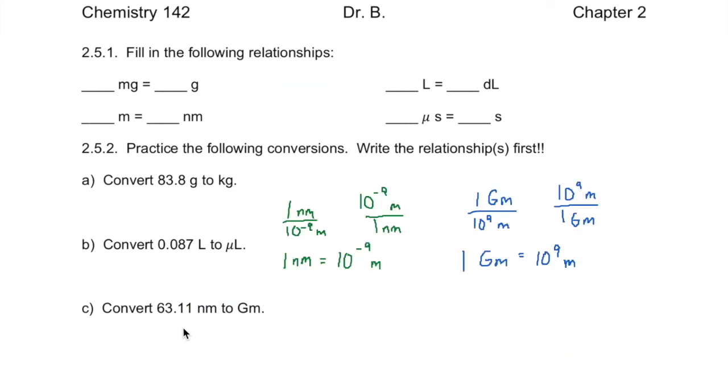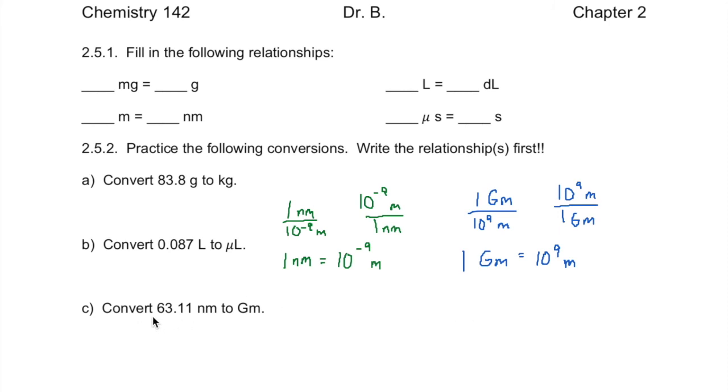This last one is going to need 2 steps, unless you know how many nanometers are in a gigameter. Most students know 1 nanometer is 10 to the minus 9 meters, and here are the 2 conversion factors that come from that relationship. And 1 gigameter is 10 to the 9th meters, and here are those 2 conversion factors.